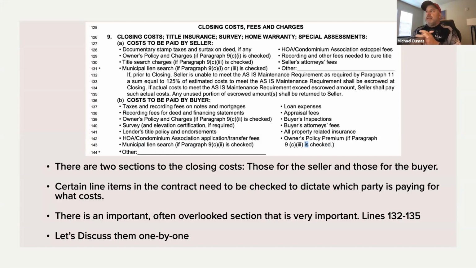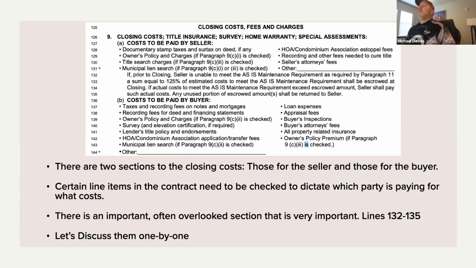Those are the things to choose if the seller or the buyer is, and we'll come to that in a minute, but if the buyer is going to choose the title company, then they're going to be responsible for the lien search and the owner's policy premium. So that's why they have those caveats if paragraph 9C is checked.